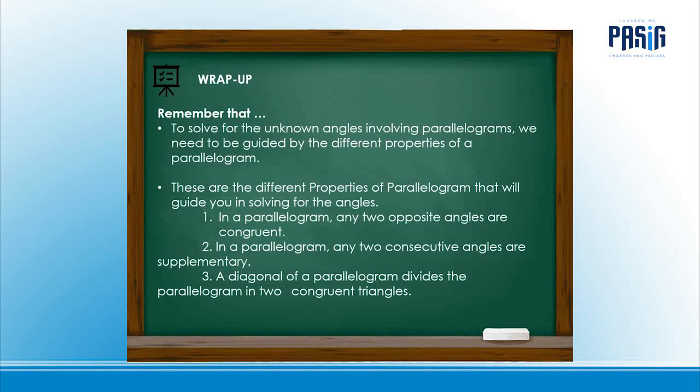Number 1. In a parallelogram, any two opposite angles are congruent. Number 2. In a parallelogram, any two consecutive angles are supplementary. And number 3. The diagonal of a parallelogram divides the parallelogram into congruent triangles.